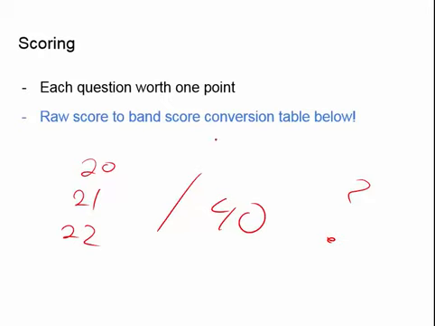Well, these conversion tables will convert your score depending on what you get, all right? So a 30 out of 40 will always have the same score. Now, the academic and the general training tables are a little bit different, so make sure you're looking at the right table to know what score you're trying to target for the exam.